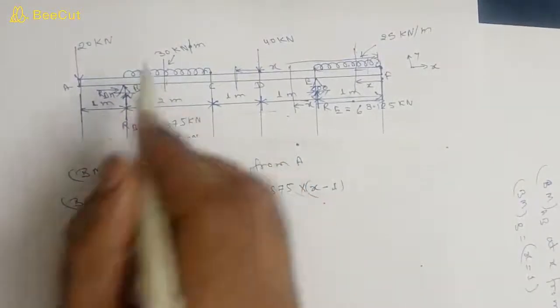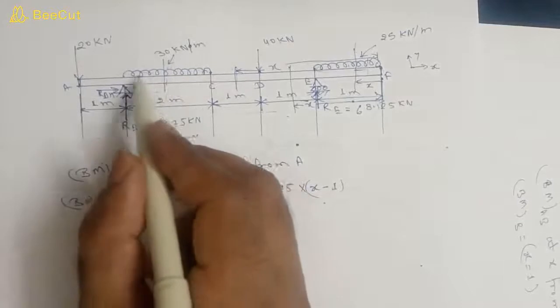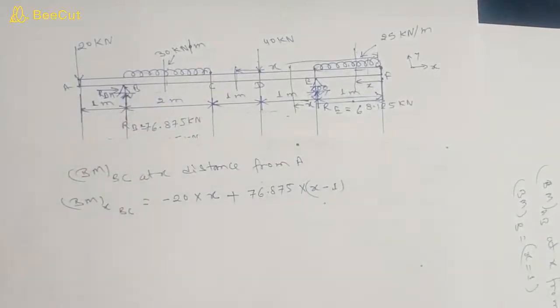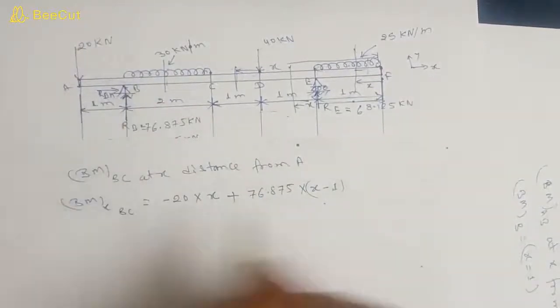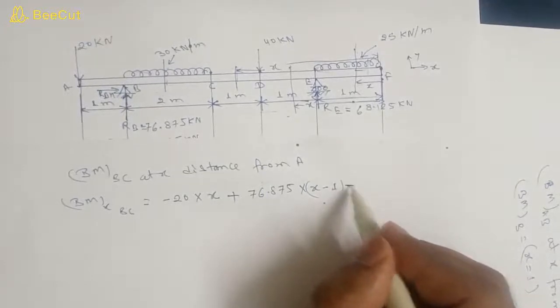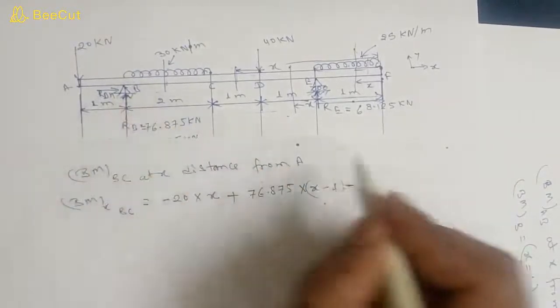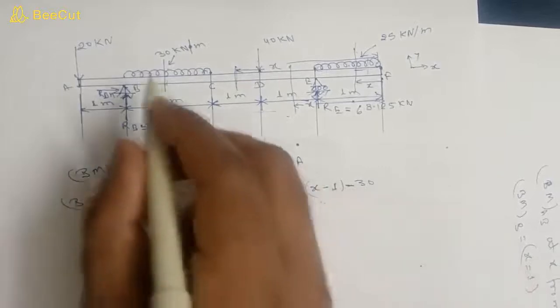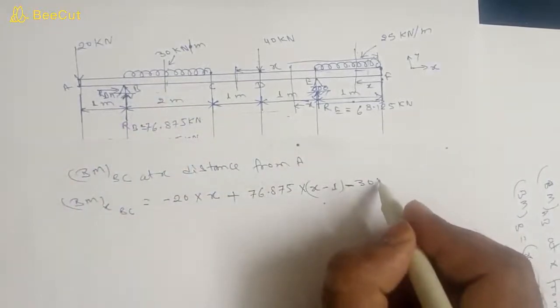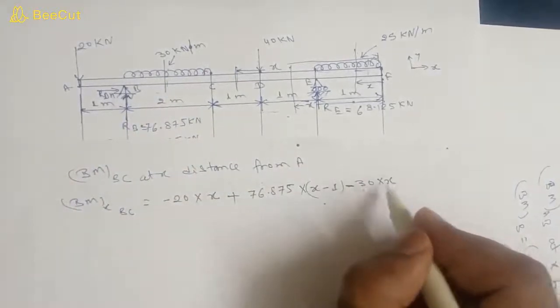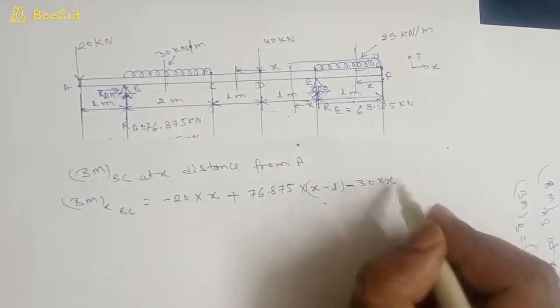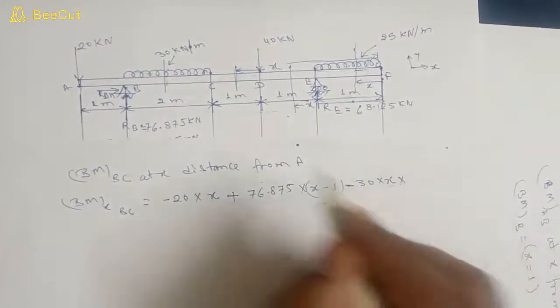Now due to this load 30 kilonewton per meter, there will also be bending moment due to this. So it will become minus 30, the load, into this length x, 30x is total load, into the distance from the centroid.